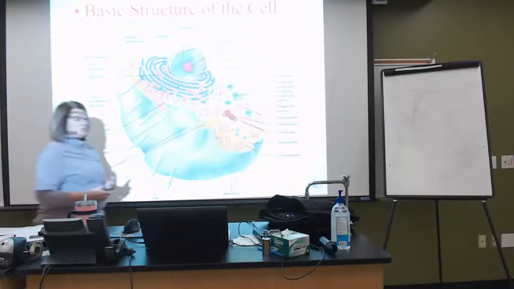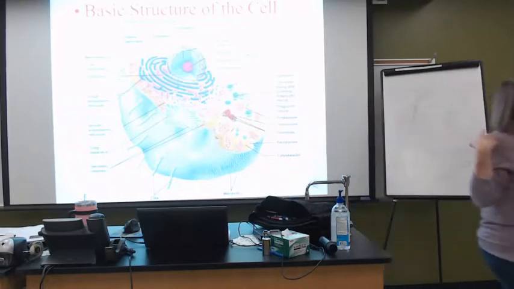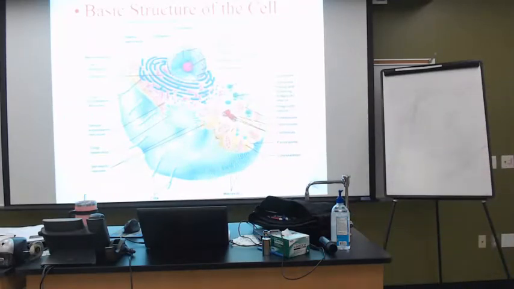As we continue to move forward, this structure we're going to find will not always be a round cell for the cells of our body. But to get us oriented as to the parts of the cell, this is a very good representation.